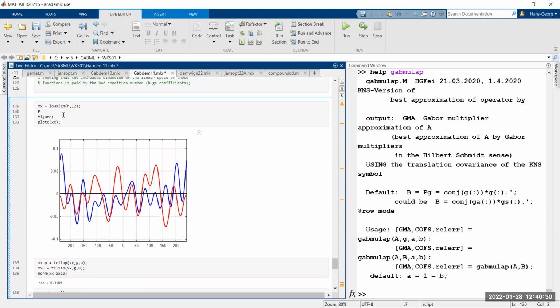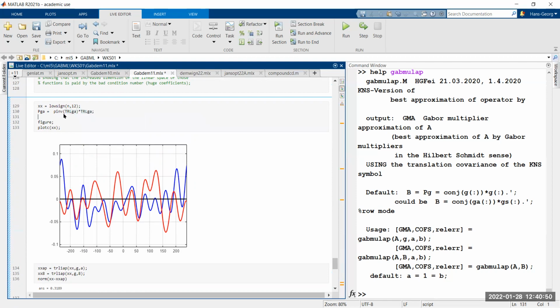Where is my command? Yeah, the projection on G_A is, first I have to take the pseudo inverse of T_R L_G_A, and then I have to take the synthesis operator, which means linear combination of the G_A. I want to convince you that the P_G_A is really a projection operator.